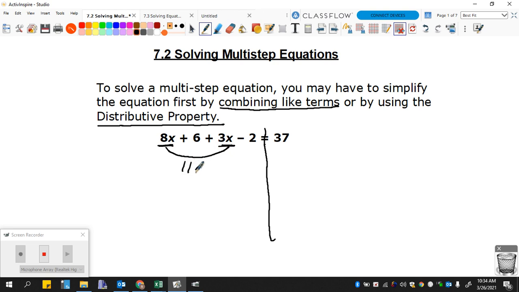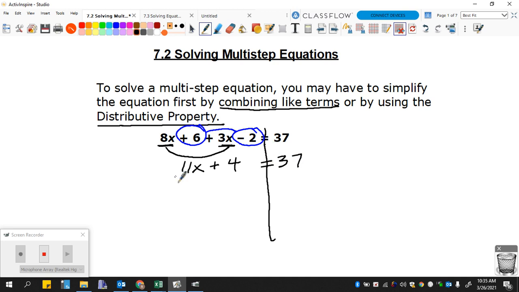And then we're going to combine the constants. So that's plus 6 and a minus 2. And when we do that, 6 minus 2 is a positive 4, and then that's equal to 37 over on the right-hand side of the line.